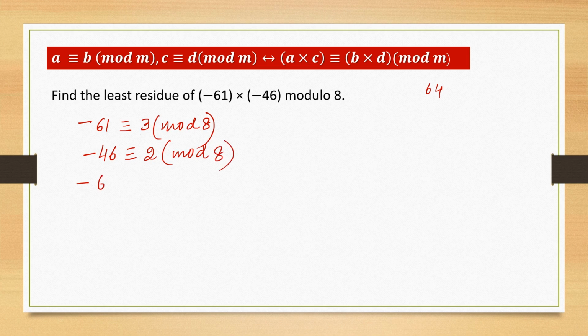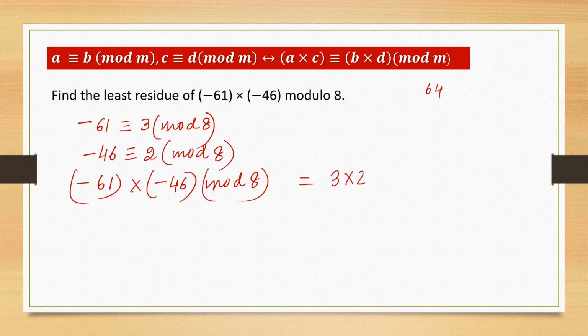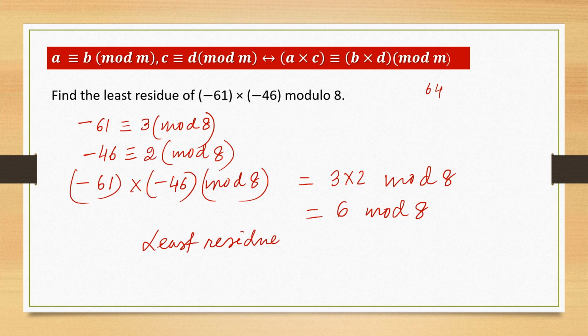So negative 61 multiplied by negative 46 modulo 8 is nothing but 3 into 2 modulo 8. So that will be 6 modulo 8. Least residue is 6.